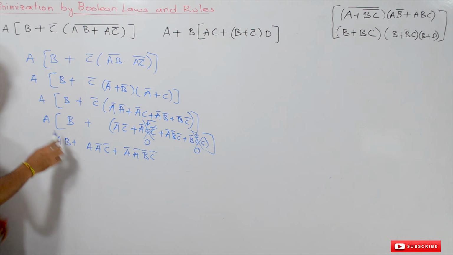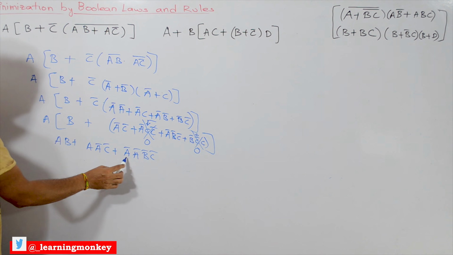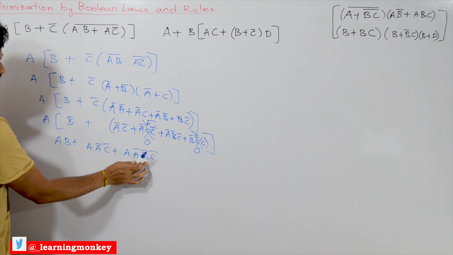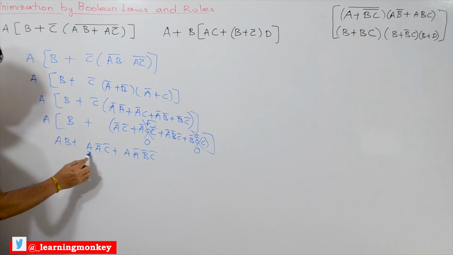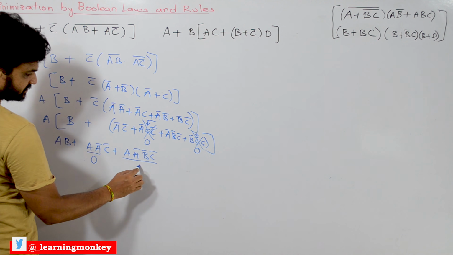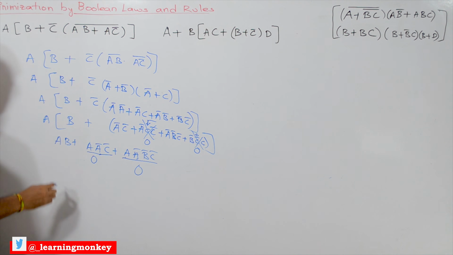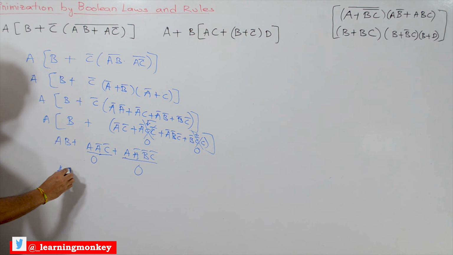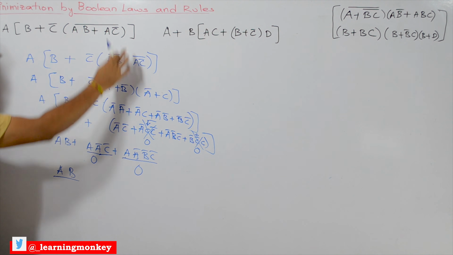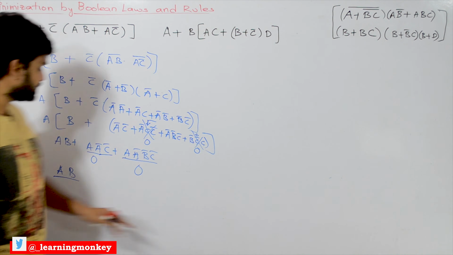So directly I have multiplied: AB, AC, A bar C, this is A, A bar B bar C. See here, A complement A is going to be 0, and this entire term is going to be 0 because A and A complement are there. So this one is going to be 0. So the final minimized equation is AB. So this big entire circuit has been minimized to AB.